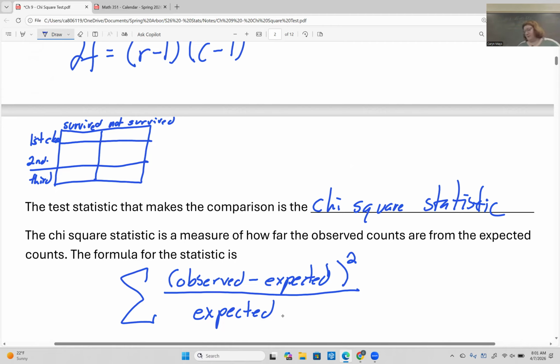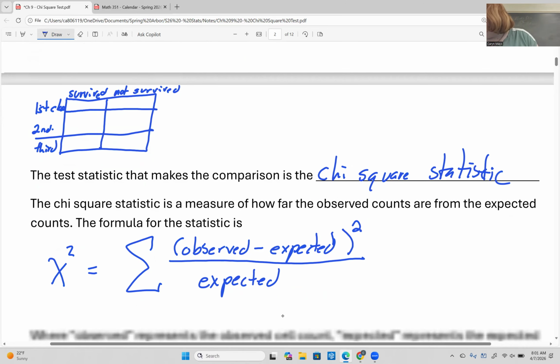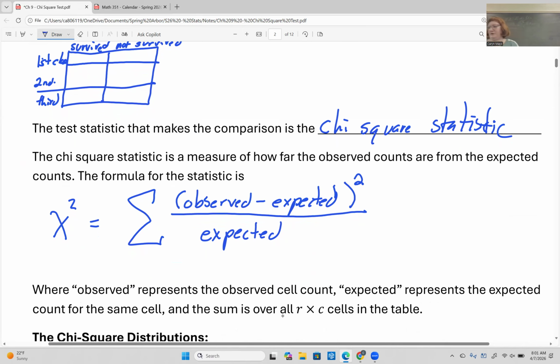So the sum of the observed minus expected squared over expected is that chi-squared statistic, where observed represents the observed cell count of what actually happened in the sample. Expected is the calculation we have for expected, row total times column total divided by n. And the sum is over all of our cells in our table.